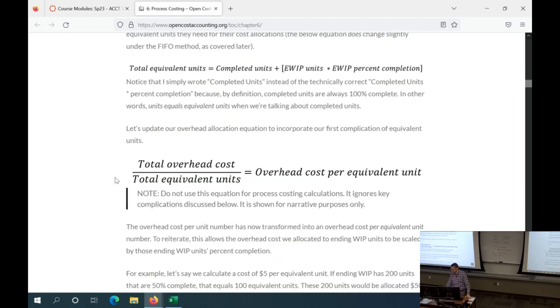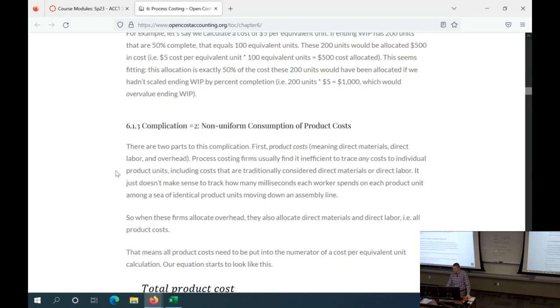Let's move forward. Next complication, non-uniform consumption of product costs. I know. You all have been spending time up at night worrying about non-uniform consumption of product costs. It's a very common problem, right? What I am saying here is actually very relevant to the paper airplane. So, what goes into a paper airplane? Paper. What's the process of converting a piece of paper into a paper airplane?